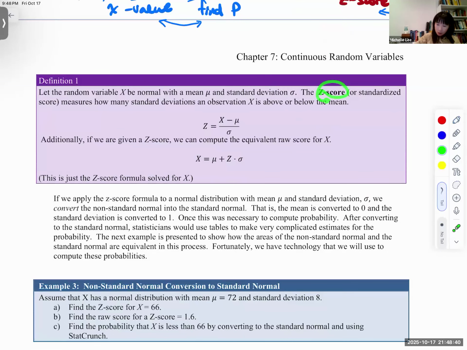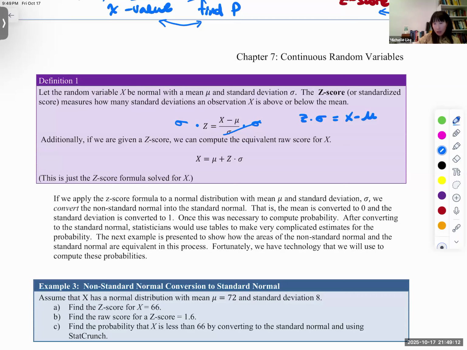So we have the z-score formula, right? Then we want to know about x. How do we find this x? Then we multiply by sigma both sides, then we simplify. Then we have z times sigma on the left side equal to x minus mu, right?